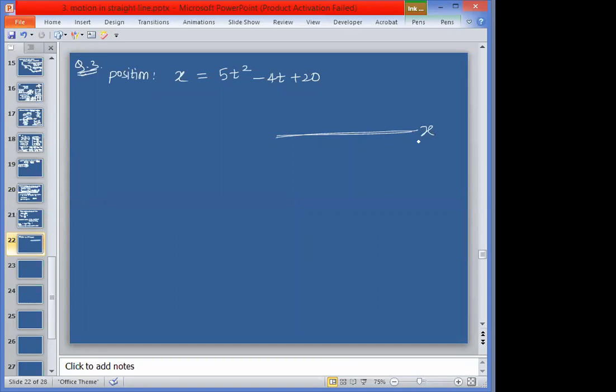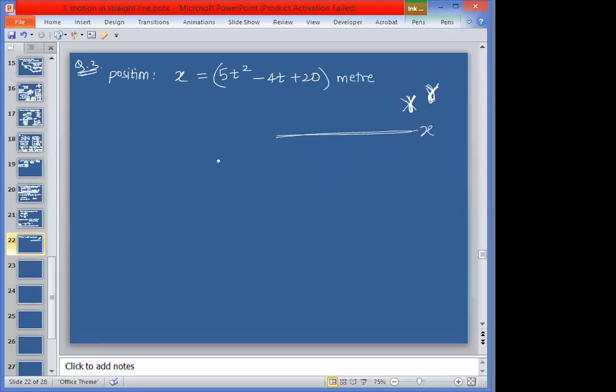Usually r is a general three-dimensional position vector, but here the motion is one-dimensional, so we use the letter x for the position. Position is a coordinate, so its unit is meter.